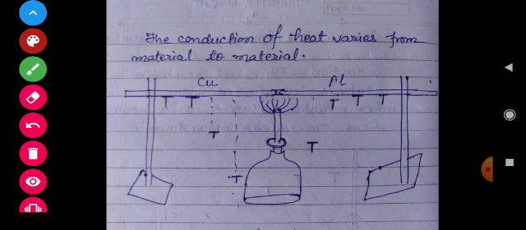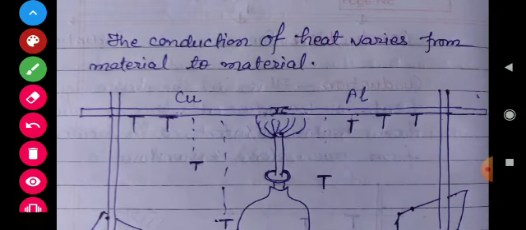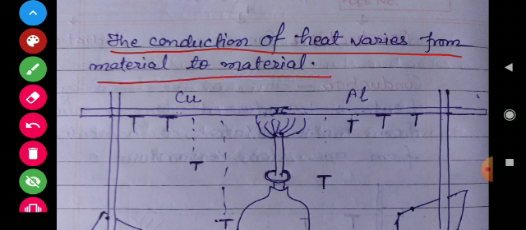And now you can see that the conduction of heat varies from material to material. For this also we can take two metal rods, one of copper and another of aluminum. In this arrangement also we set up both rods with the help of a stand, and then we take a source of heat and arrange it exactly at the middle.